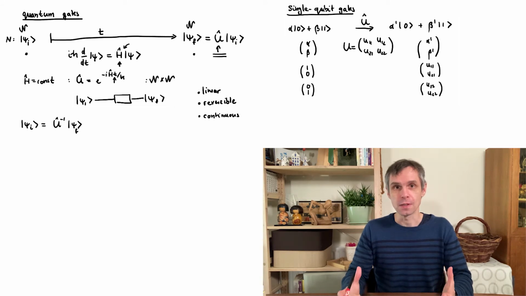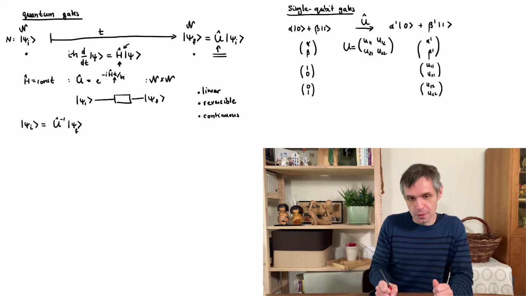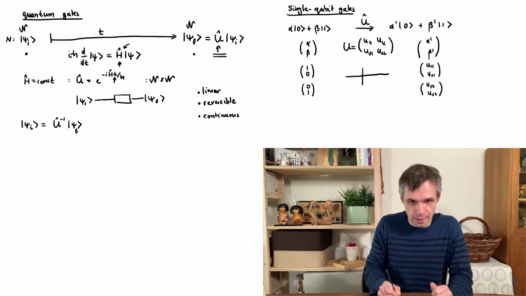And because of this simple structure, we can also interpret this matrix U as a kind of truth table. For this, we are going to record the basis states in Dirac notation in a table here, and the results on the other side.